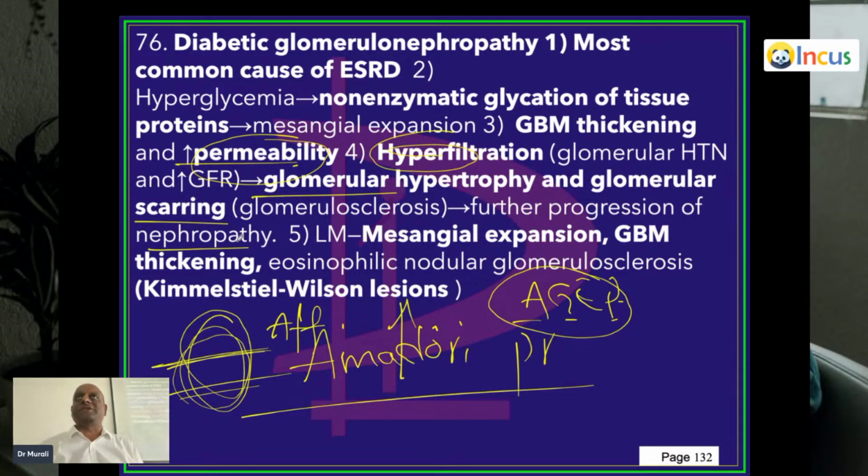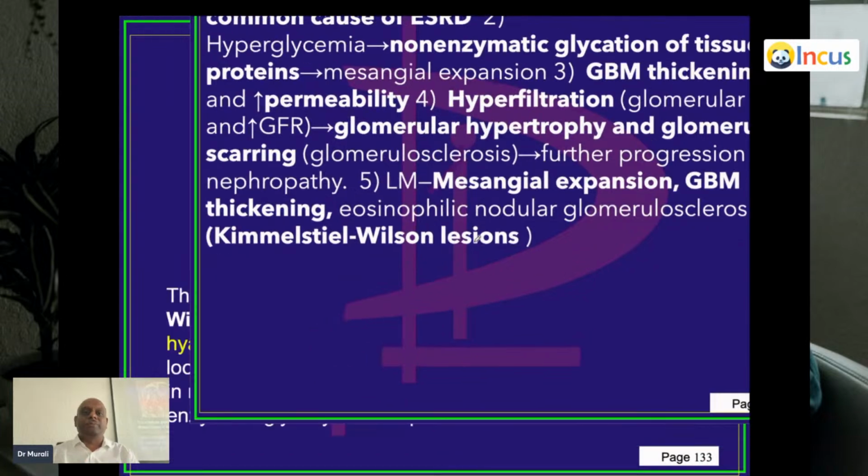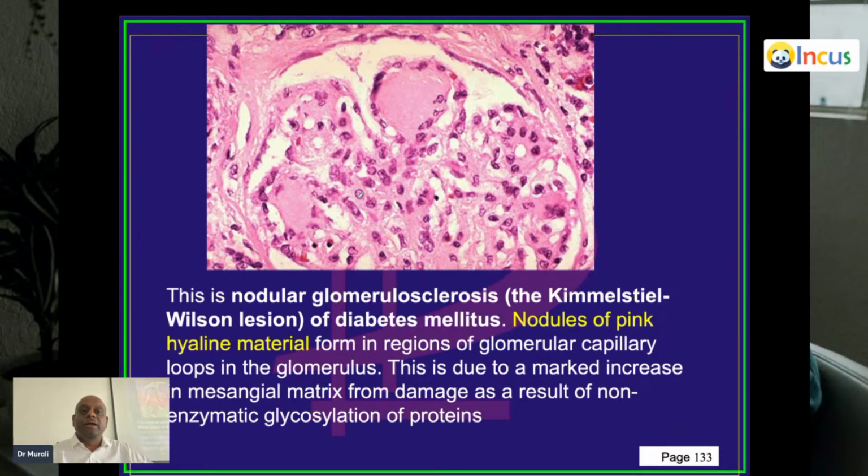That's important in society. So, in diabetic glomerulopathy, mesangium expands, GBM thickens. There will be nodules formed, which are called Kimmelstiel-Wilson lesions. I'll show you. So, what do you see here, doctor?